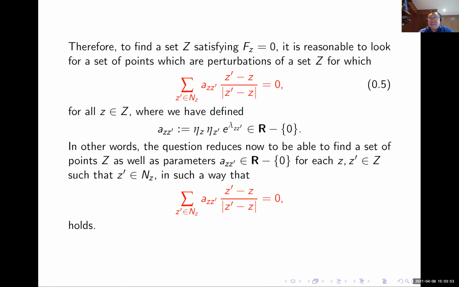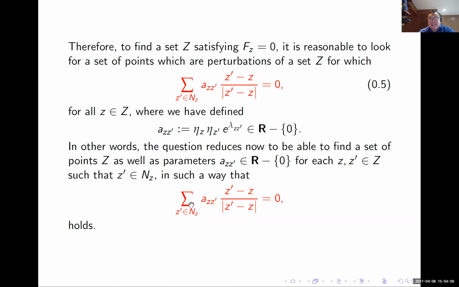So this becomes a graph theory problem: a network problem of finding the points and forces so that this is balanced.